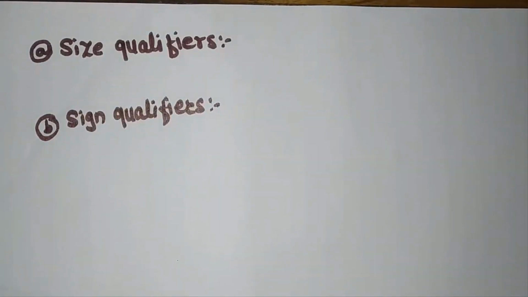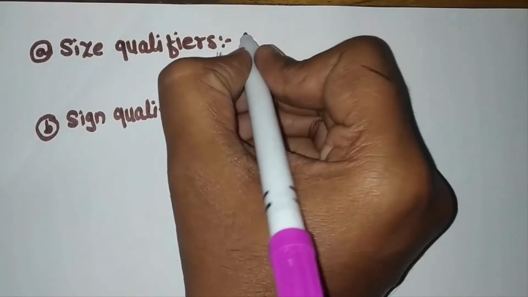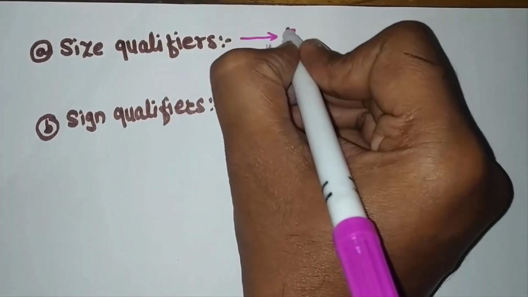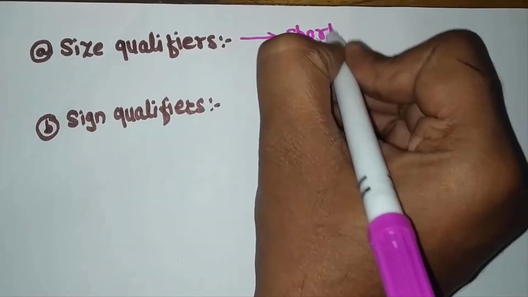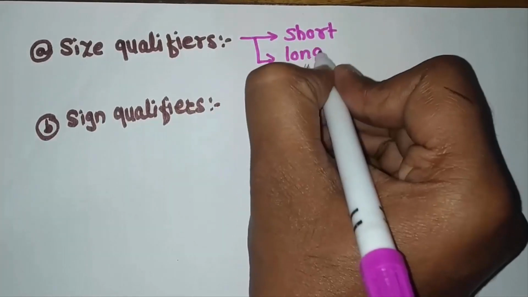The size qualifiers are again subdivided into two types. The first one is called short, and the second one is called long.